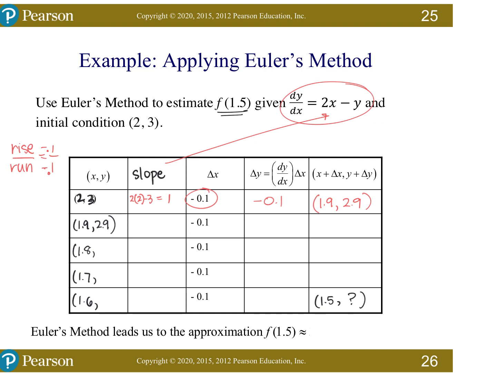Well, I'm probably going to want my calculator to help me out with this, because I am going to have a little bit more complicated multiplication and subtraction to do. So it will be 2 times x, which is now 1.9, minus y, which is now 2.9. So what will the new slope be? That'll end up being 3.8 minus 2.9. So I'll be looking at 0.9.